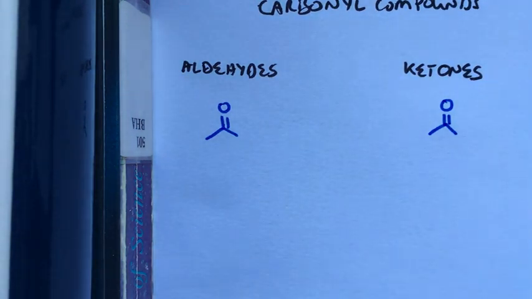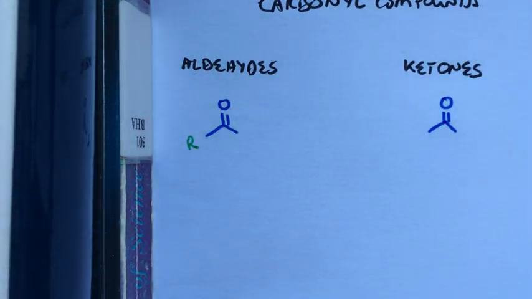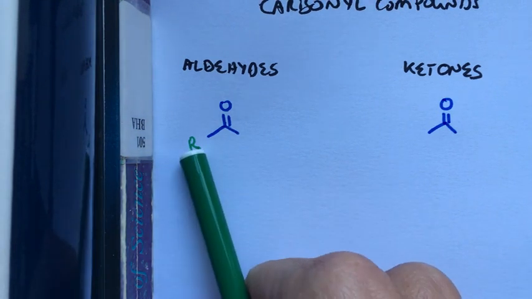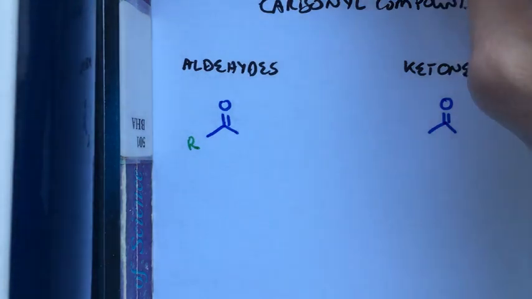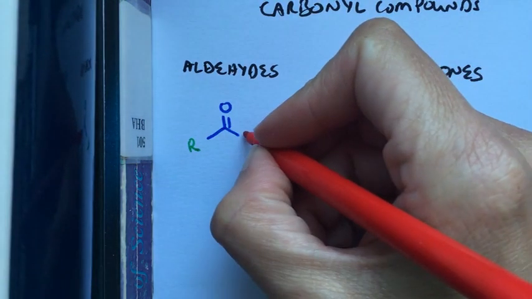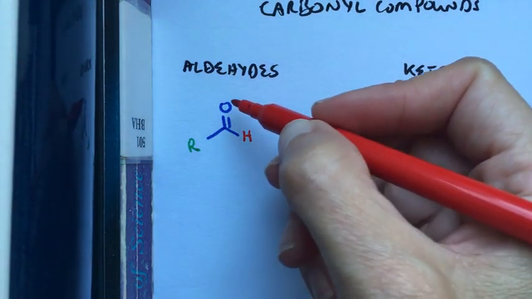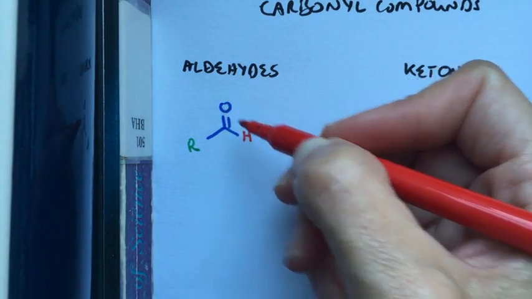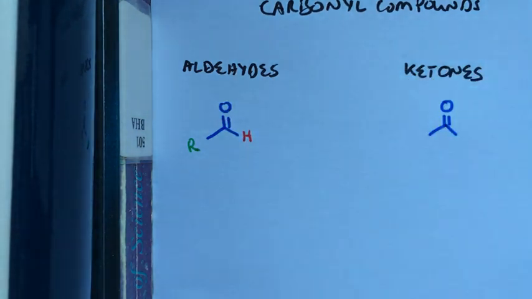For an aldehyde, the group we must have, well, it could be that the R group there could be a hydrogen, but is most likely to be a carbon chain of some sort and a hydrogen. So what makes an aldehyde is that I've got that carbon double bonded to oxygen and a hydrogen atom. So that makes that an aldehyde.